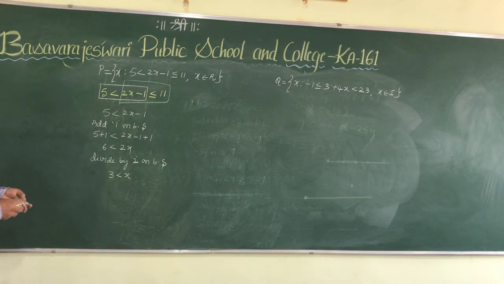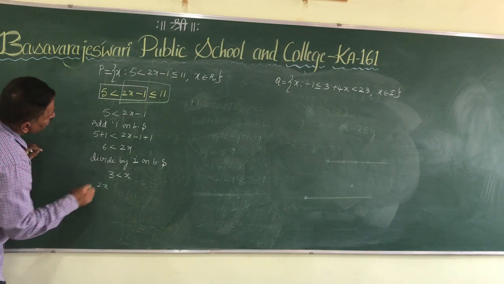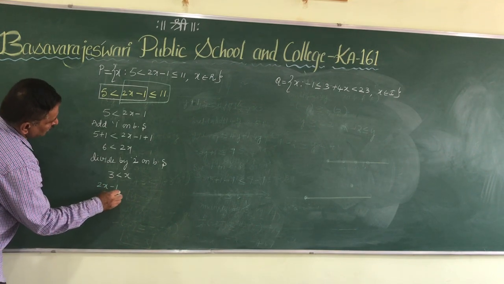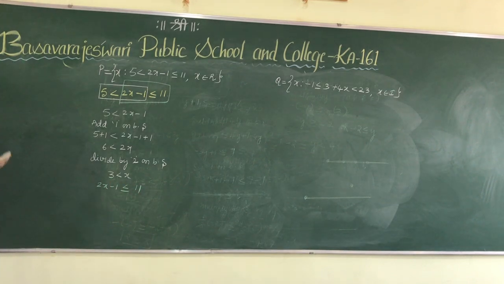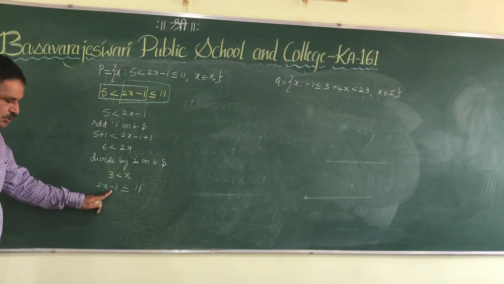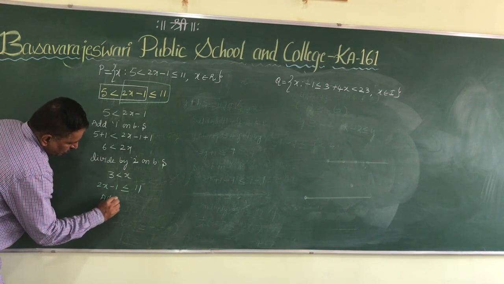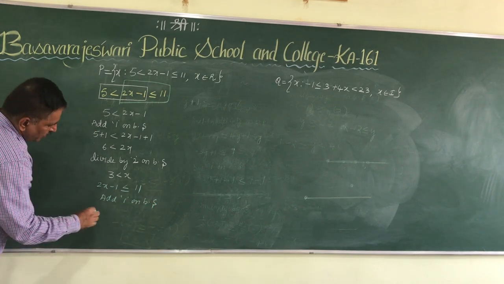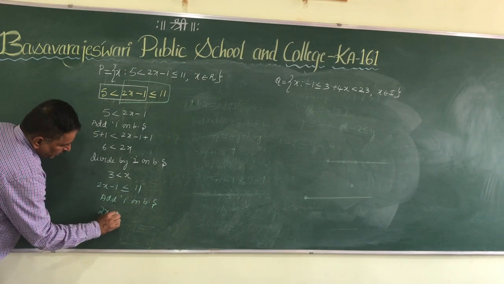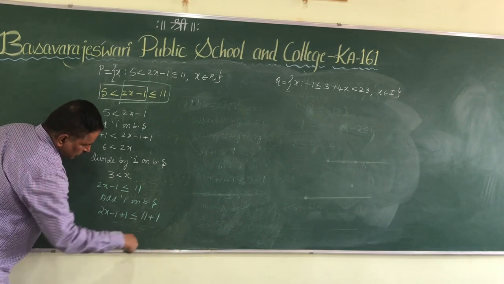Second part of the equation. What is the second part? We have 2x minus 1 is less than or equal to 11. Again, write variable one side, constant on the other side. It is minus 1, so you have to add 1 on both sides. So I will get 2x minus 1 plus 1 less than or equal to 11 plus 1.